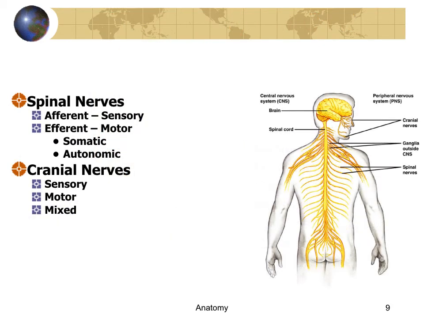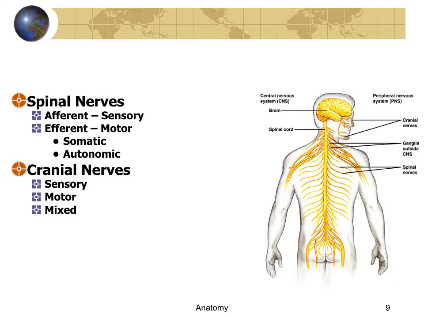The peripheral nervous system consists of the 12 pair of cranial nerves and the 31 pair of spinal nerves. Each spinal nerve has a nerve root. The dorsal root is sensory. The ventral root is motor, and those roots combine to form a spinal nerve that's a mixed nerve.